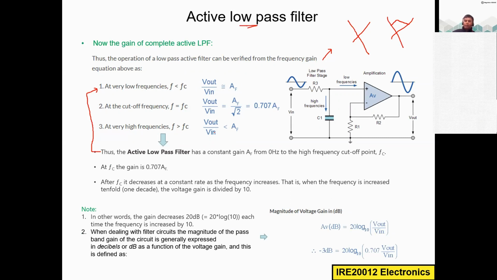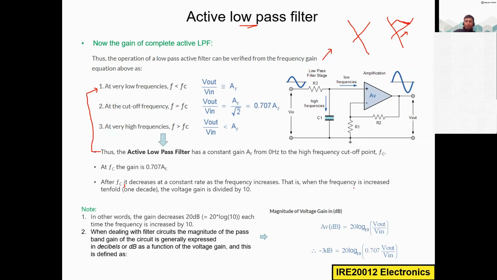So Vout divided by Vin is less than AF. It will go down more and more, and then it will reach 0. After the cutoff frequency, it decreases at a constant rate as the frequency increases. When you increase the frequency, the gain decreases linearly.